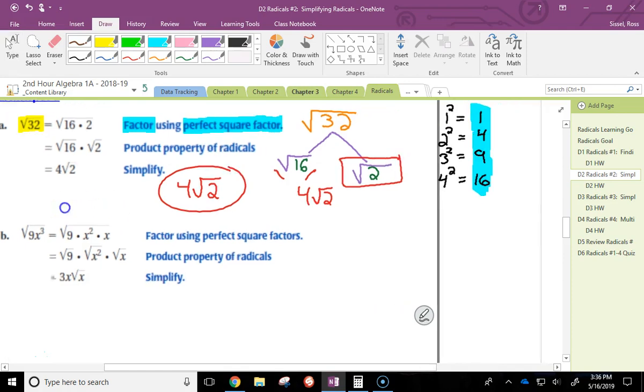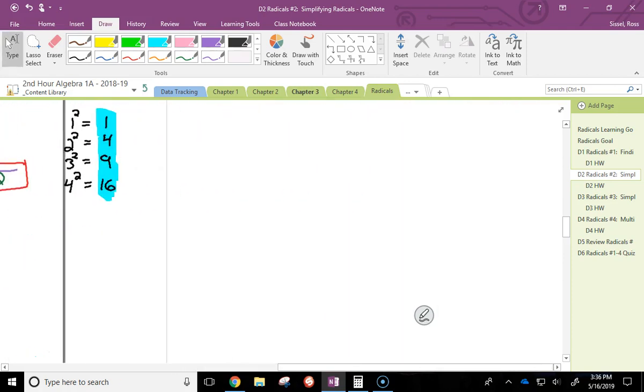Now I am going to show something real quick. What happens if I use something that's not the largest perfect square? Like, I happen to know the square root of 4. I know 4 times 8 is 32. Well, the square root of 4 is 2. But when I look at the square root of 8, I can break the square root of 8 down still.